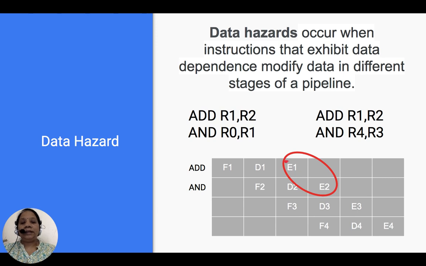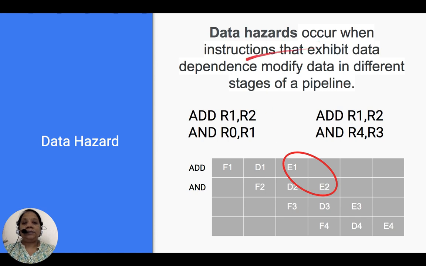If it is not correctly updated in R1, then the second instruction's execution may give a wrong result, if it takes a value from before the update. This is what we call data dependency, and this data dependency may cause a stall in the pipeline. This is known as data hazard.